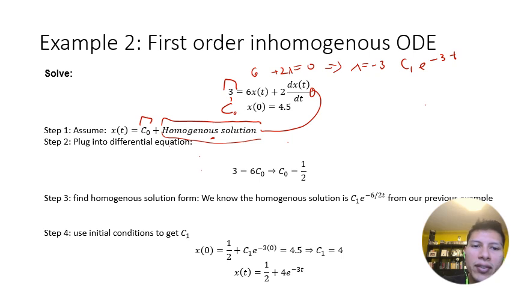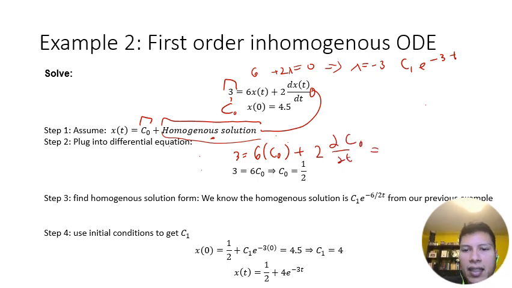And so we're just going to get 3 equals 6 times c0 plus 2 times the time derivative of c0, which is just 0. So this gives us 6 times c0 is equal to 3, which then tells us that c0 is equal to 1/2.